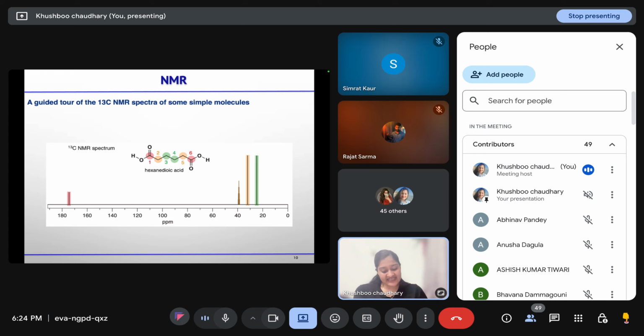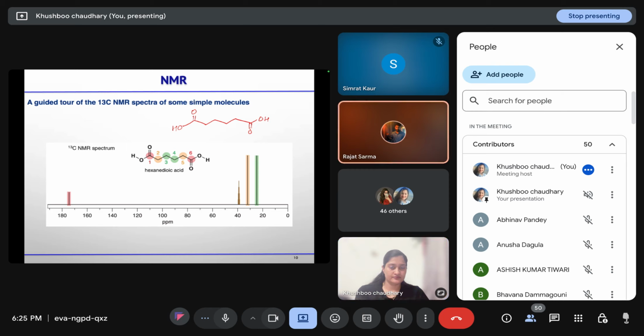So this is hexane dioic acid. Is there any plane of symmetry in this molecule? Yes, from here we can see that there is a plane of symmetry.